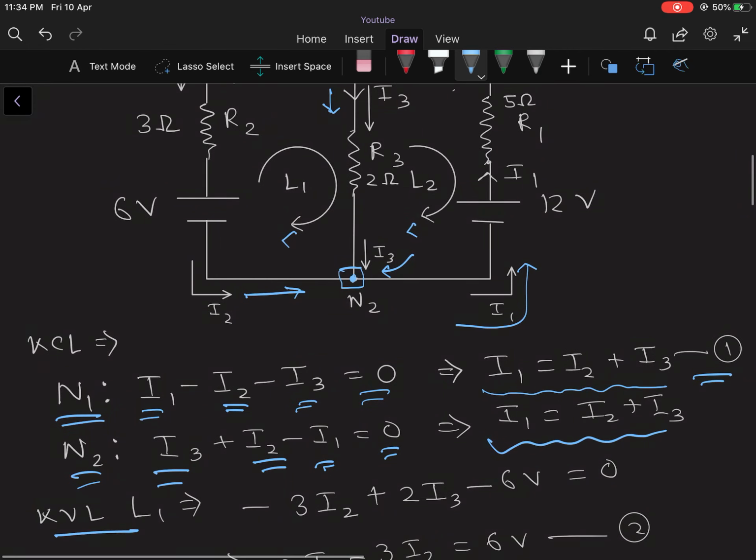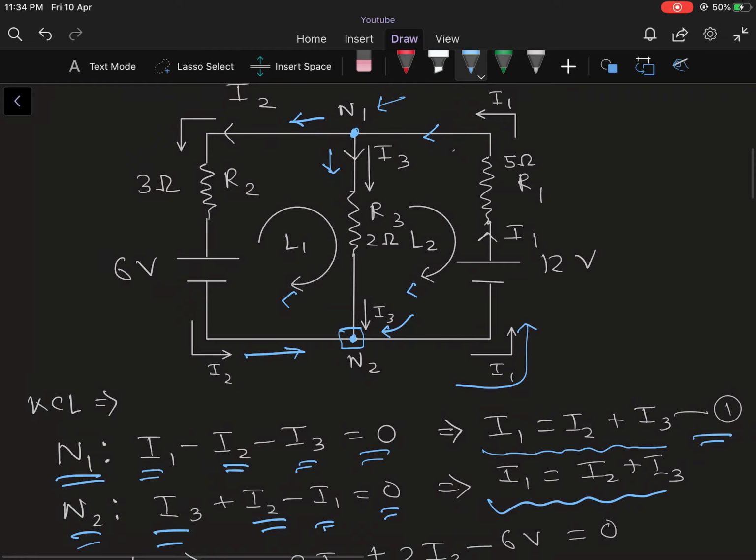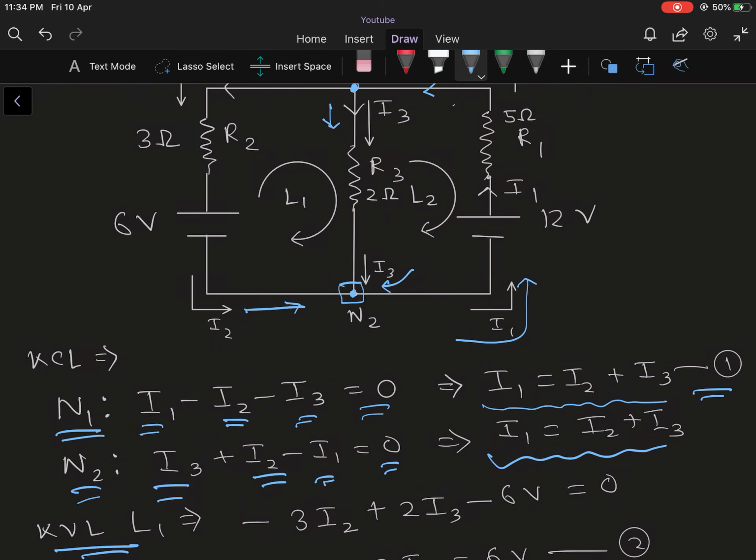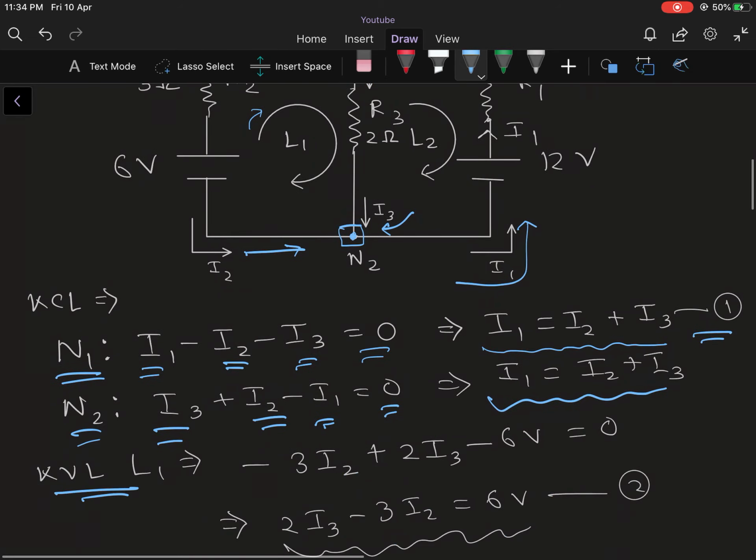Now let us apply Kirchhoff's voltage law in loop 1, and we will move in the clockwise direction. We choose it completely arbitrarily. We could even go around anti-clockwise. So we are going to move in this direction.